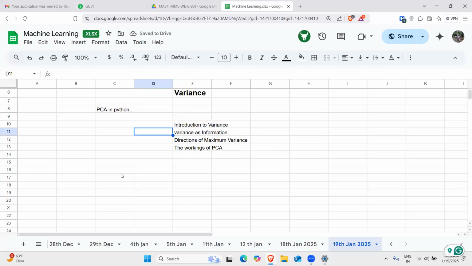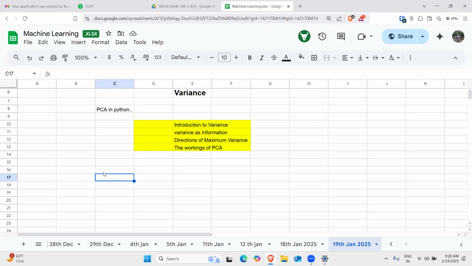So what is variance basically? In the previous session, we learned about the first fundamental building block, the idea of basis and change of basis. You saw how a simple change of basis led to dimensionality reduction in the roadmap example. And then you also understood how you can represent the same data in multiple bases of vectors.